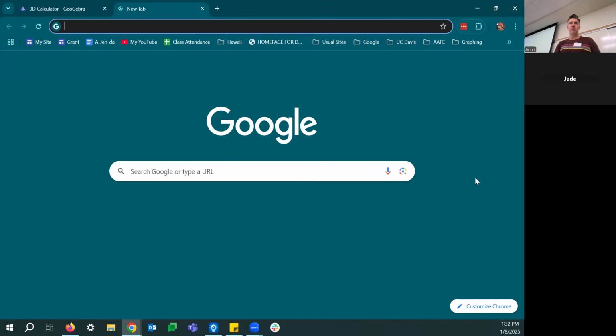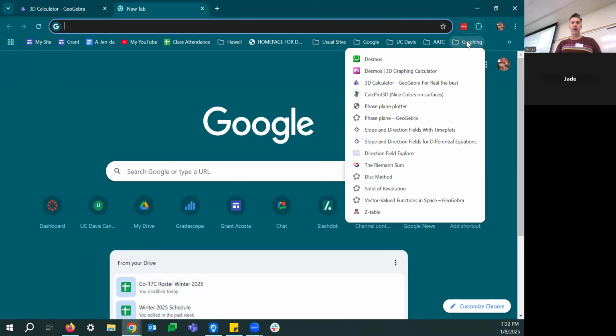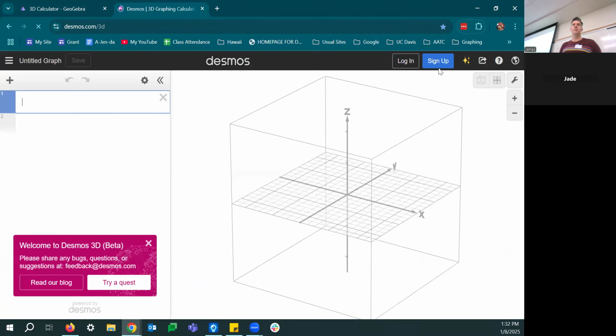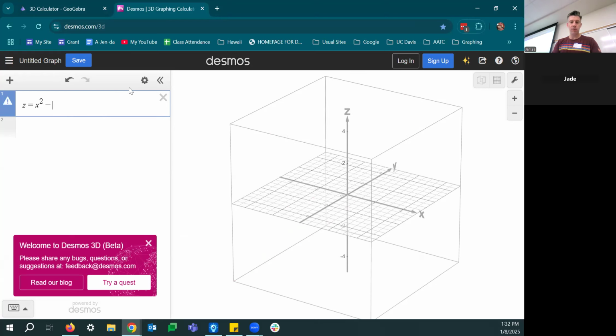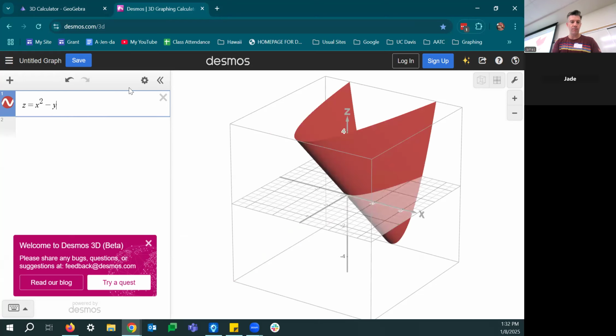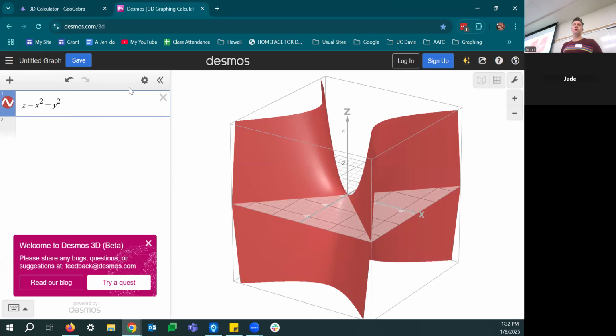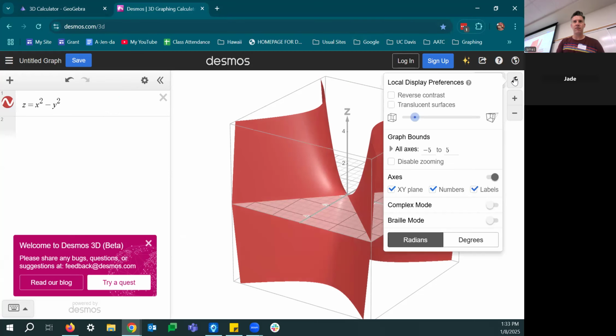Or you could use Desmos 3D. That's also a perfectly good graphing tool. And we could graph something else, like z equal to x squared minus y squared. Which maybe doesn't look like it super well from here. I kind of like the translucent surfaces typically, if that's an option.